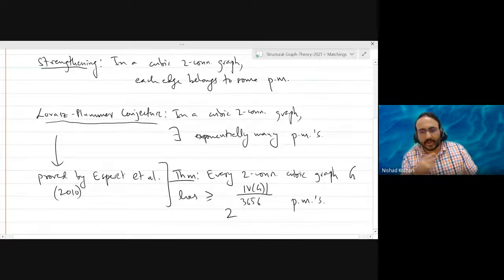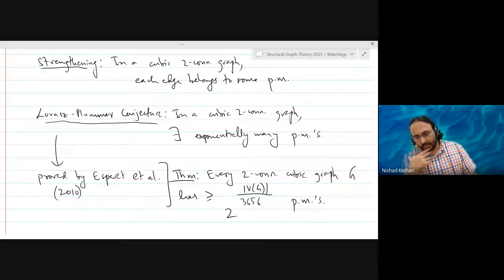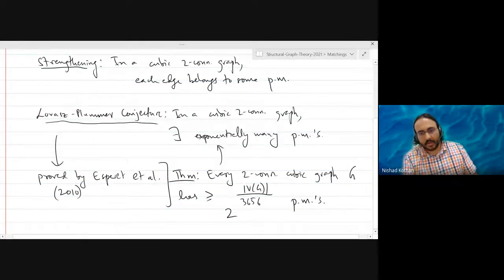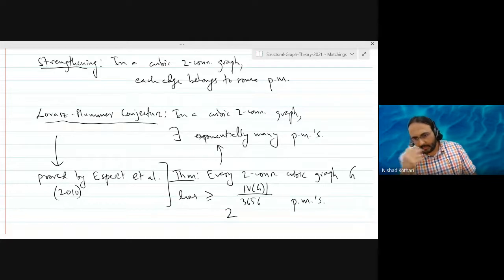So it doesn't tell you much about small graphs, but once your number of vertices is really large, it gives you reasonable lower bounds. But the main point is that it does prove the conjecture of Lovász and Plummer, which is that there exist exponentially many perfect matchings in the number of vertices, or in the number of edges, whichever you like to think, because they are related linearly in a cubic graph.